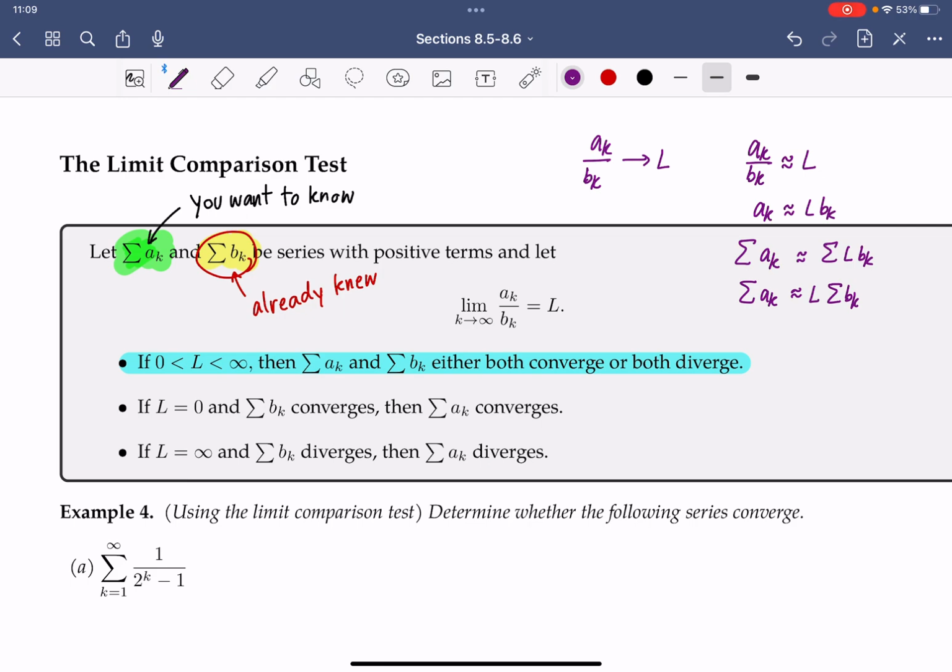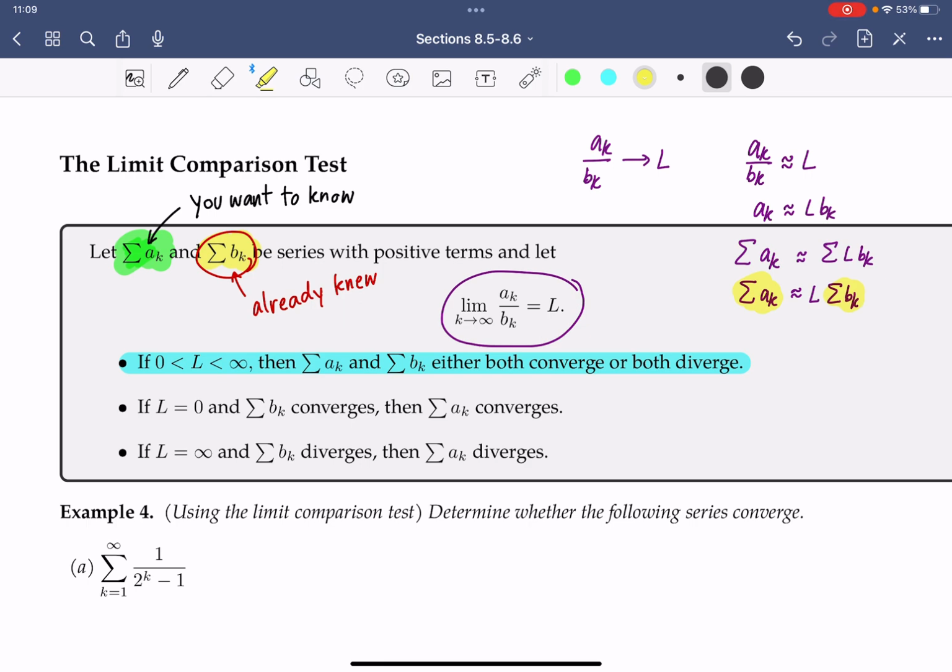So if AK converges, BK converges as well, because they have the same pattern. At infinity they differ just by the multiplication constant L. If the term I highlighted in yellow is convergent, the term in yellow on the right-hand side must be convergent as well. The same thing with divergent. This is what we're going to use for the limit comparison test.